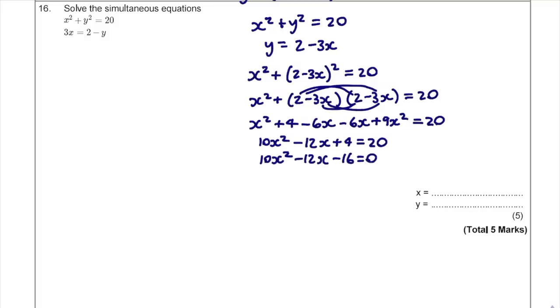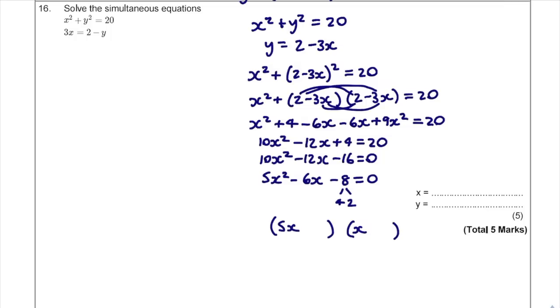Then I can divide both sides by 2, and I get 5x squared minus 6x minus 8 equals 0. Now we need to find 2 factors of 8, which I can then either add or subtract to give me this result of minus 6x. So the 2 factors I can think of are 4 and 2. When we factorise this, we're going to have 5x multiplied by x. Now we've got to think where these factors of 4 and 2 are going to go.